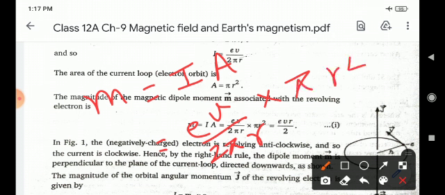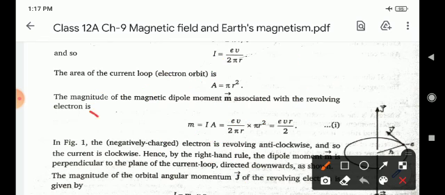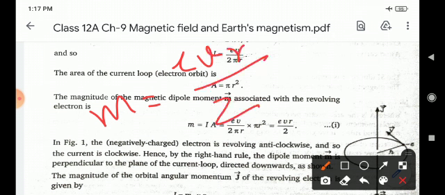Okay, children, pi cancels, one r cancels, so m equal to evr upon 2.